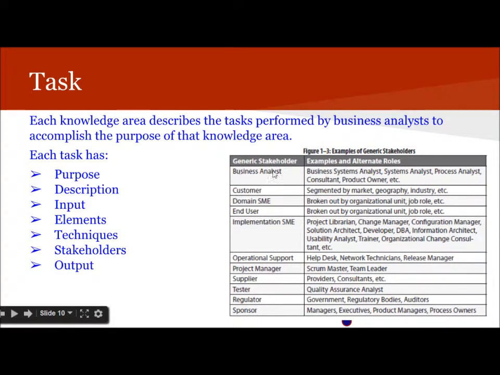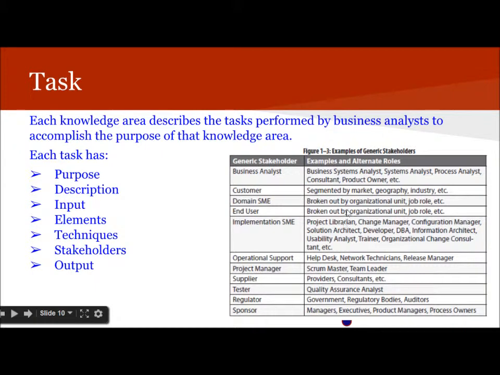So generic stakeholder can be business analyst, and their role can be business system analyst, process analyst, consultant, product owner, etc. Customers, who can be segmented by market, geography, or industry, etc. Domain subject matter expert or domain SME can be broken out by the organizational unit, job, or role.